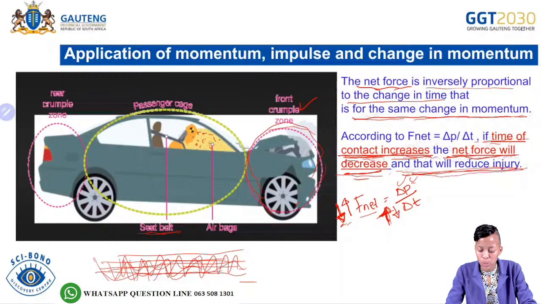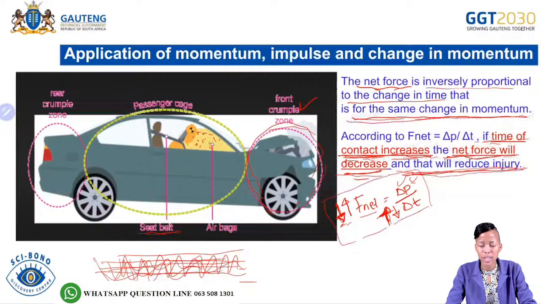And then you would have to mention an increase or a decrease in terms of the injuries. But this one will therefore stay the same, which is for the same change in what? In momentum. So remember, you will use this formula. This formula will assist you. And how is it going to assist you?